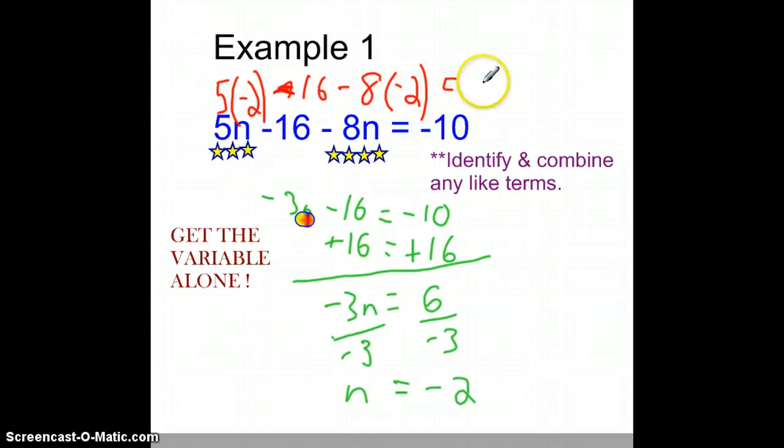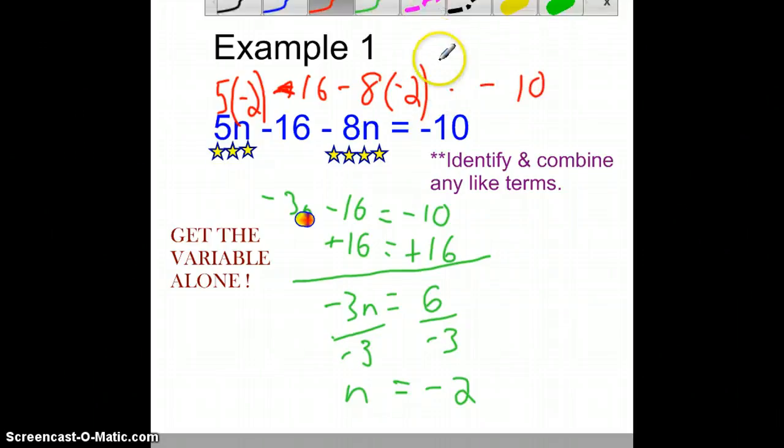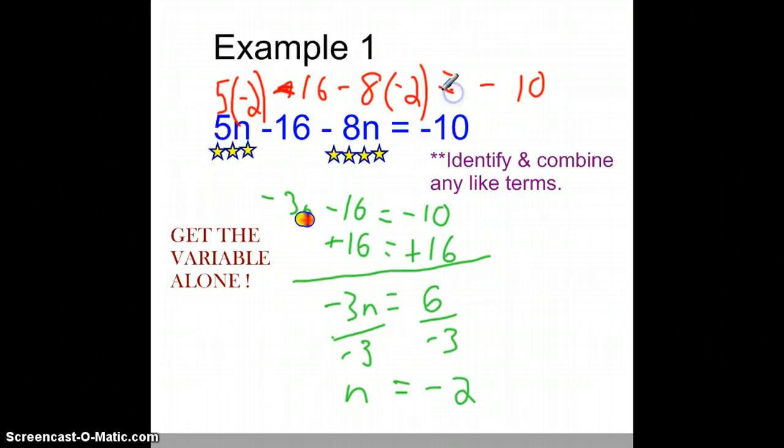This should equal negative 10. So 5 times negative 2, that'll give us negative 10. We're running out of room here, I should jot this down over here. Here's our check. 5 times negative 2 is negative 10.